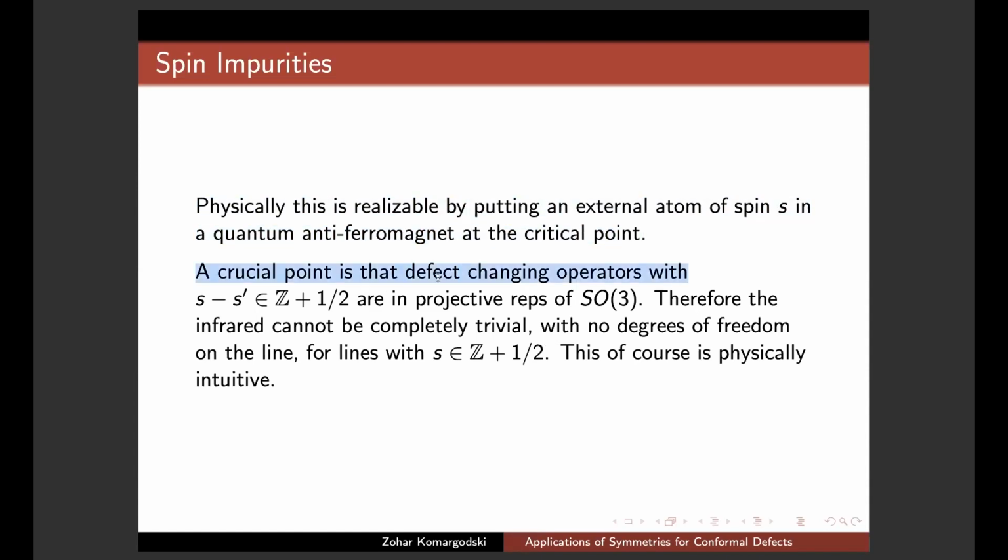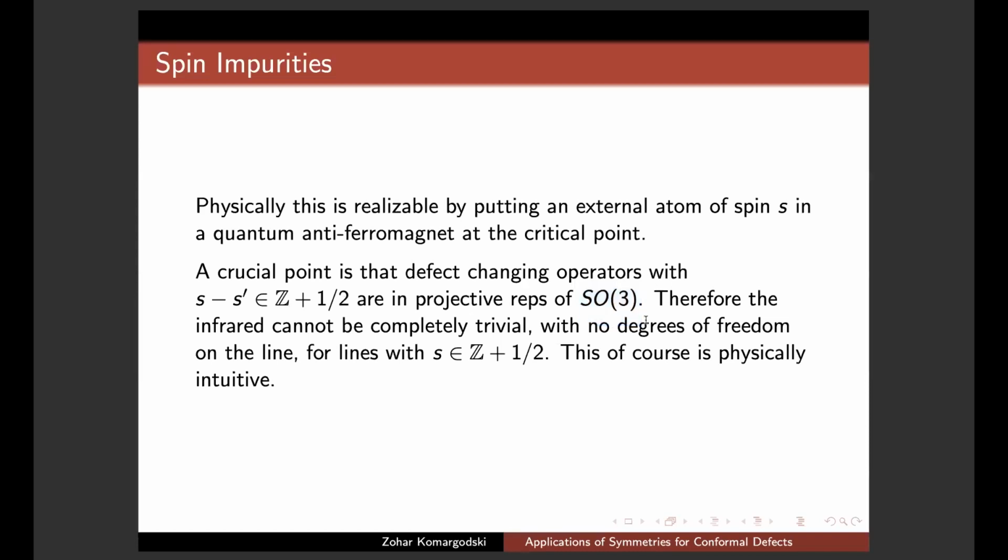And now let's talk about the topology of this situation. We have a Hilbert space in a spin S representation of SU(2), coupling to the bulk. But clearly, defect changing operators that take a Kondo spin S to a Kondo spin S prime would have to be in projective representations of SO(3) if S minus S prime is a half integer.